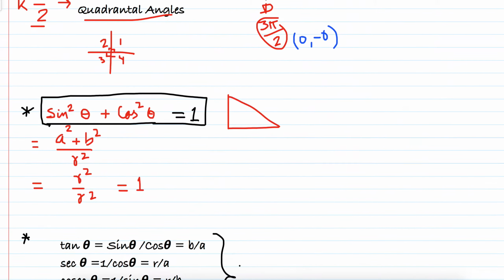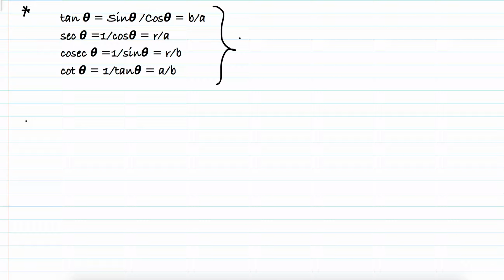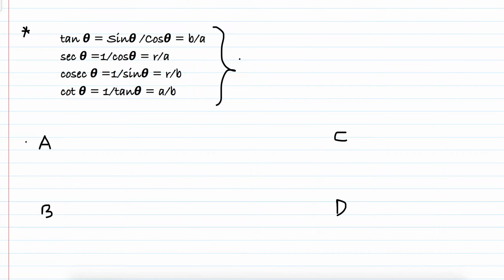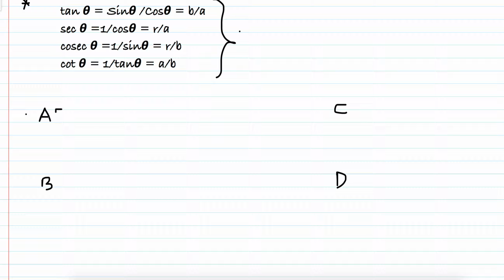So we have points A, B, C and D. Let me write here. We have point A, point B, and here I will take point C and point D. So at point A we have 0 degree or 0 radians.